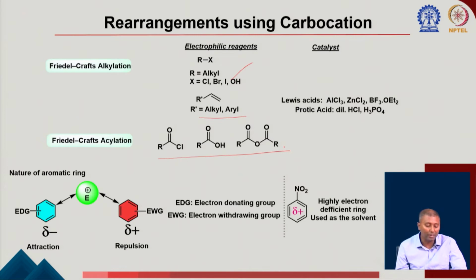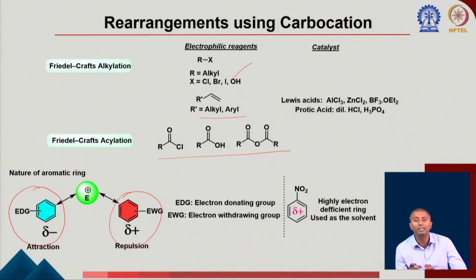As you see, generally if you have electron donating groups, then this reaction will be more preferable compared to an electron withdrawing group, because you are reacting with an electron deficient species. That means if the benzene ring is electronically rich, then the reaction will be more favorable. And then people use nitrobenzene as a solvent, because nitrobenzenes are very electron deficient, so it will not take part in the Friedel-Crafts reaction.